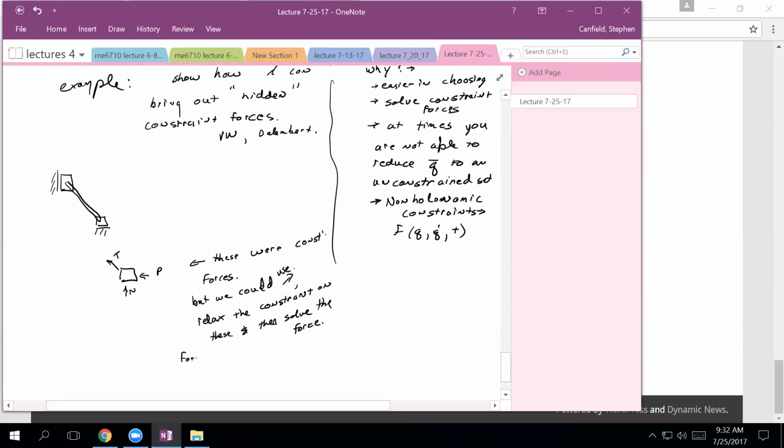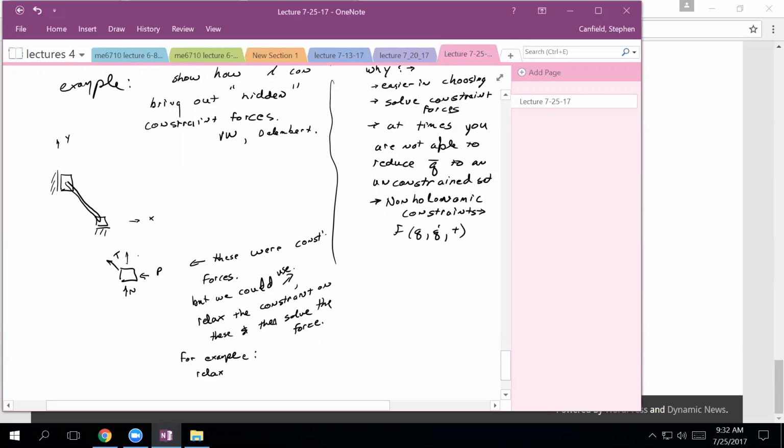In this little example, say we call this an X direction, a Y direction, and out of the board a Z direction.